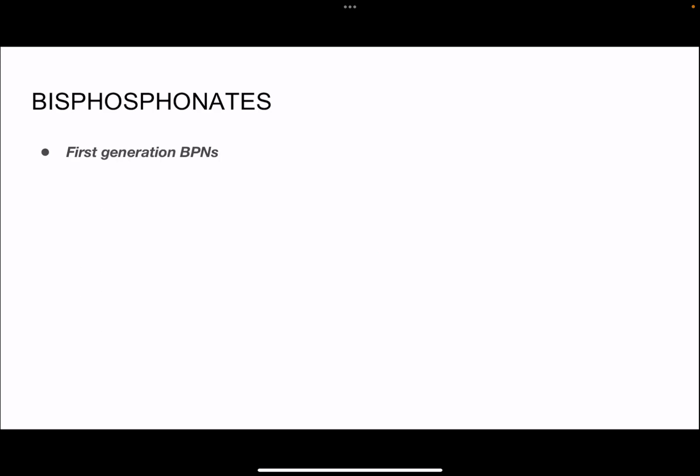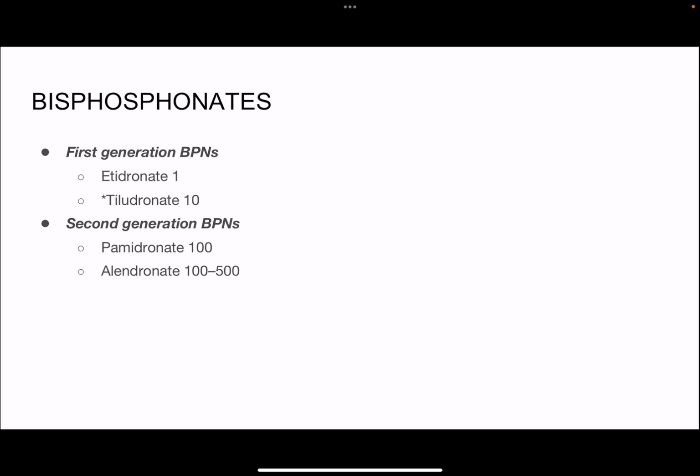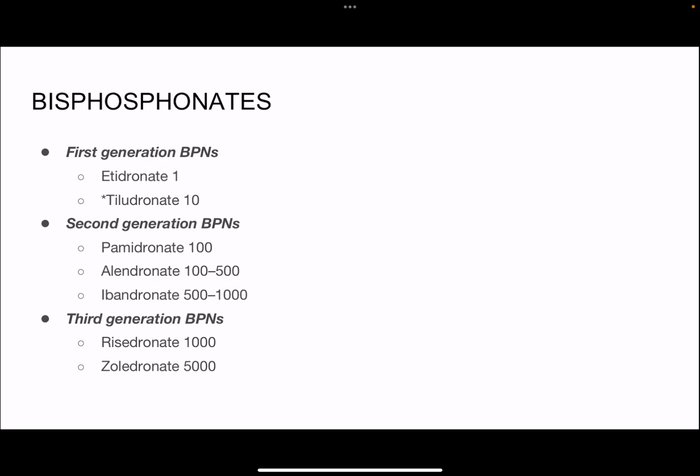So moving on to the classification. The first generation bisphosphonates are the non-nitrogenous compounds. Examples are etidronate and tiludronate. The second generation bisphosphonates include pamidronate, alendronate and ibandronate. The third generation, which is more efficacious as well as more potent, includes examples such as risedronate as well as zoledronate.